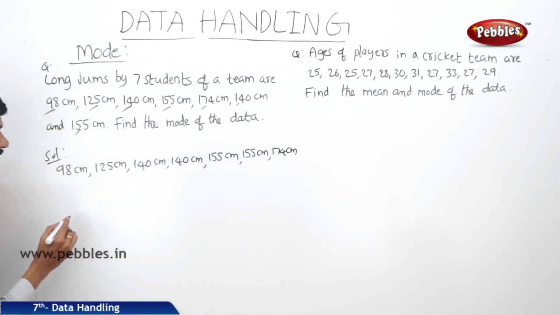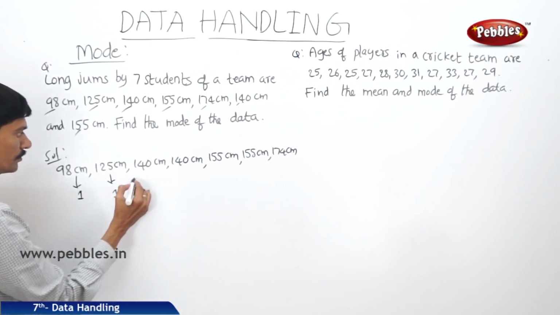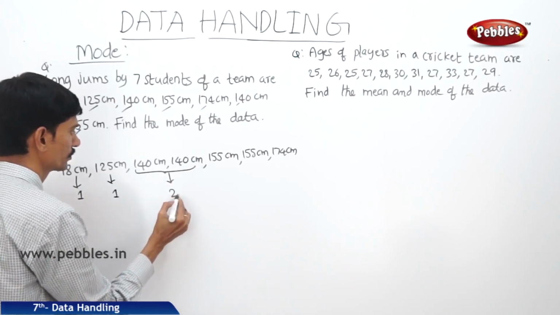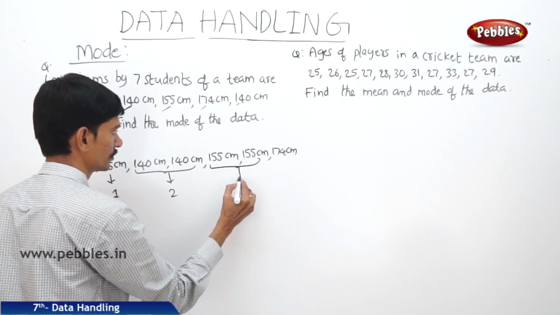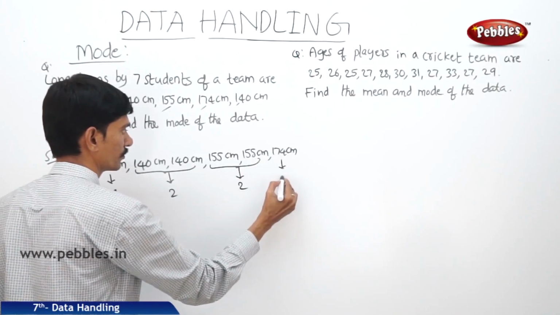Now if you observe the observations in ascending order, 98 is repeated only one time, 125 also only one time, but 140 occurred 2 times, 155 is also occurring 2 times, and 174 only 1 time.